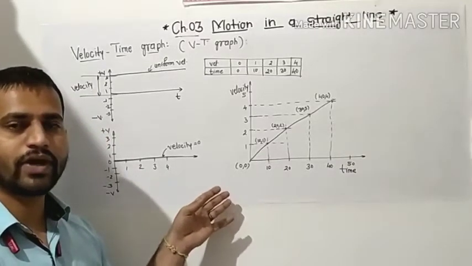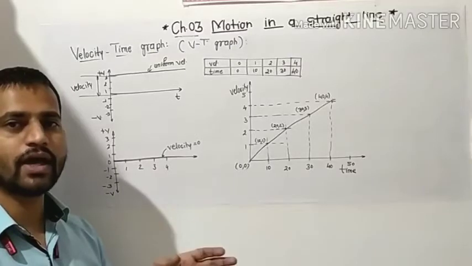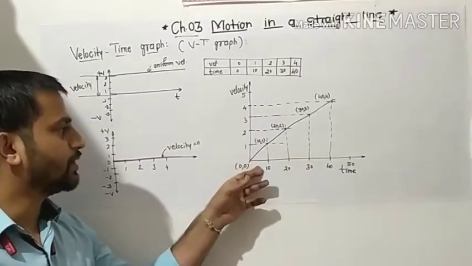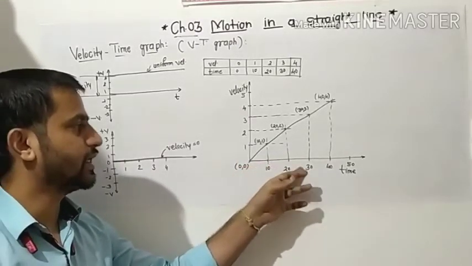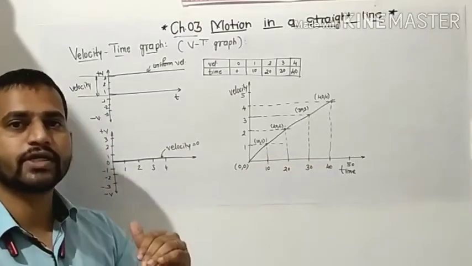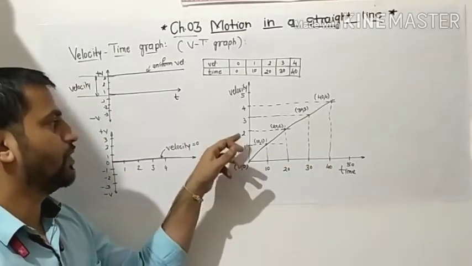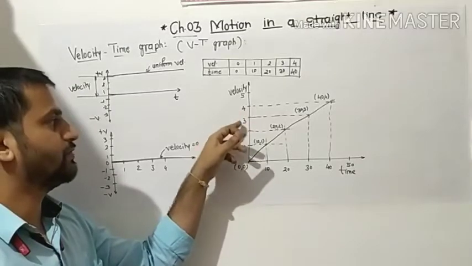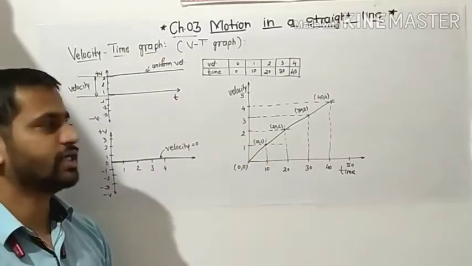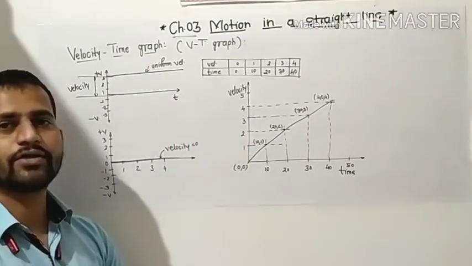Why? Because for the same time interval of 10 seconds, 10 seconds, 10 seconds, the velocity also increases by 1 meter per second each time. That's why here is a straight line.